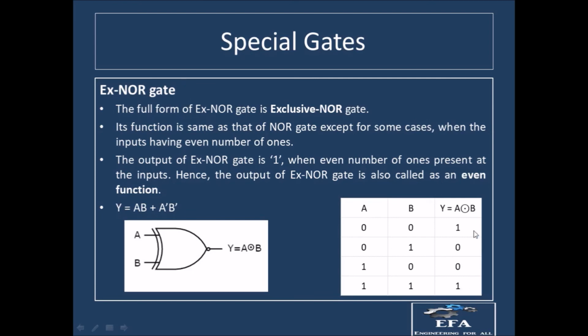At the output side, the first three entries are exactly the same as those of the NOR gate. Only the last entry is the opposite of the NOR gate. In the NOR gate we had 0 over here; in the XNOR gate, we have 1 over here. So the last case has the special type of output.